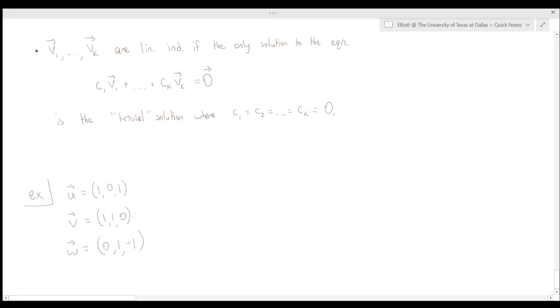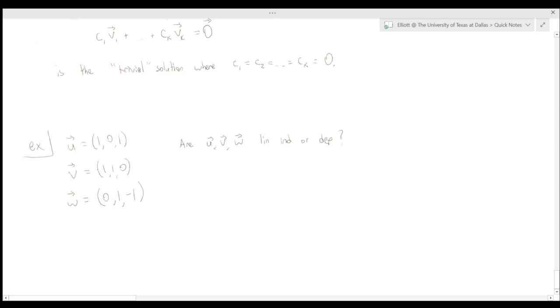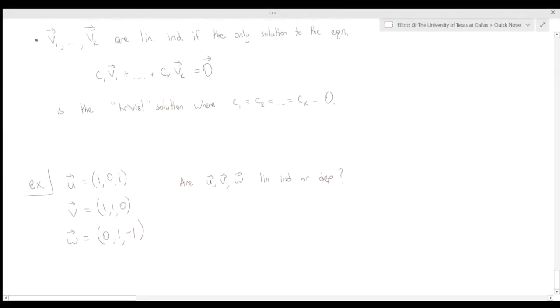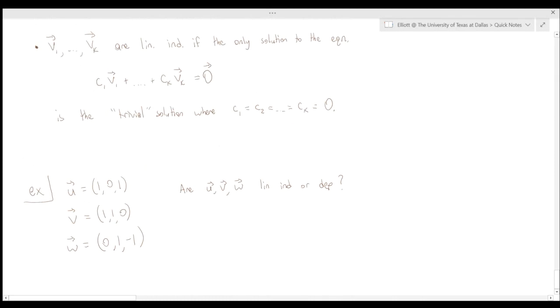If I have these three vectors, are they linearly independent or dependent? It's hard to visualize, so you can't quite tell geometrically.